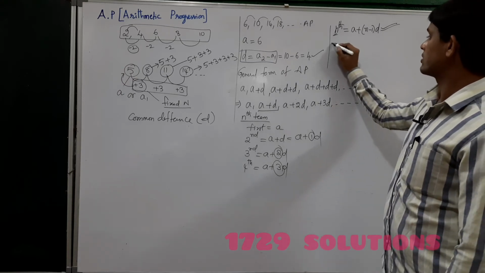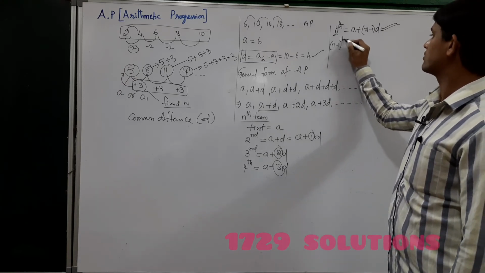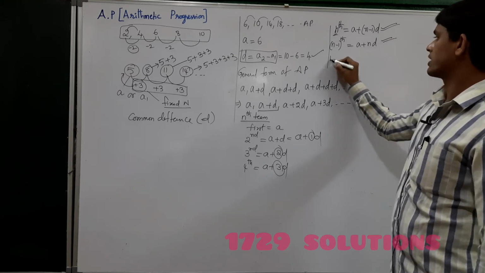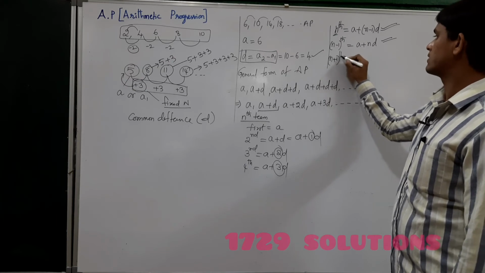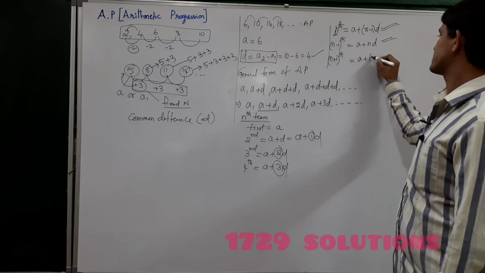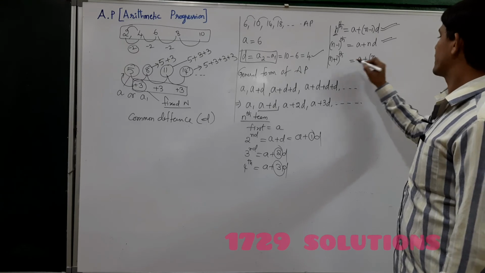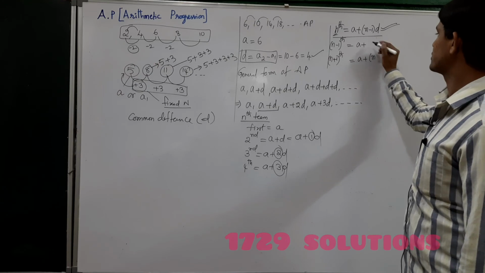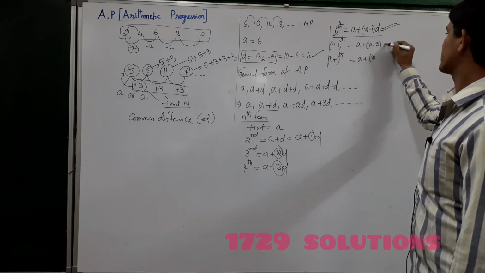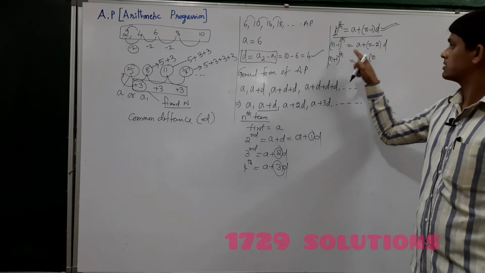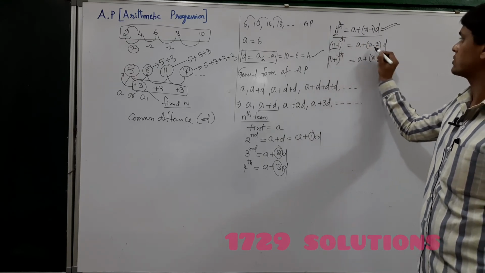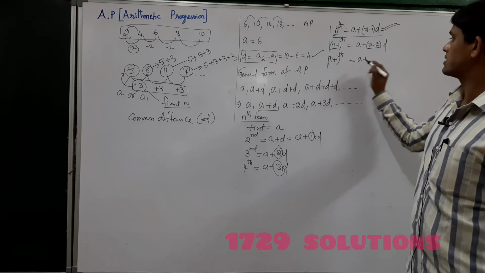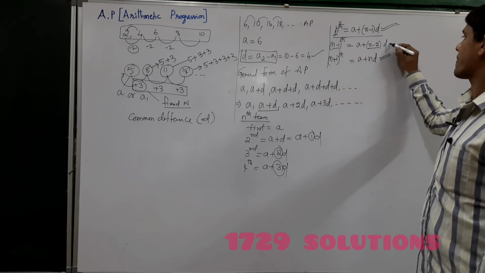Not only the nth term, if you want the (n minus 1)th term also, it is A plus (n minus 2) into D. The (n minus 1)th term has one term less. The (n plus 1)th term is A plus nD.